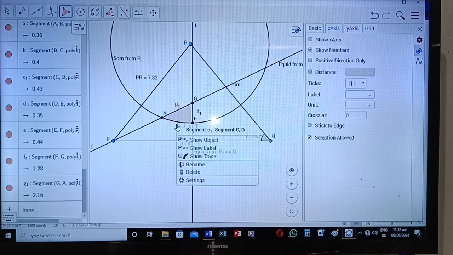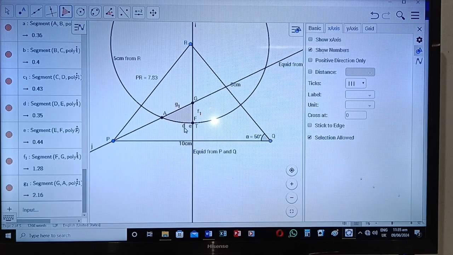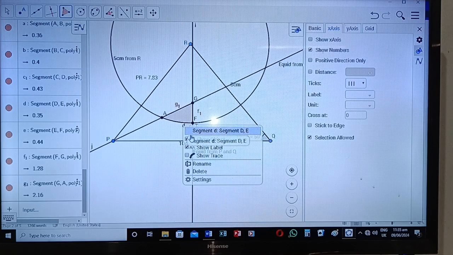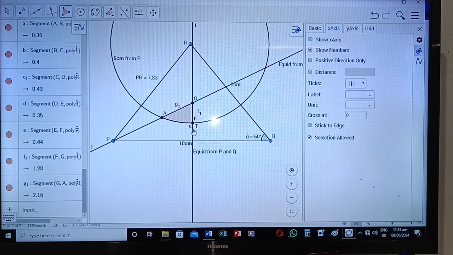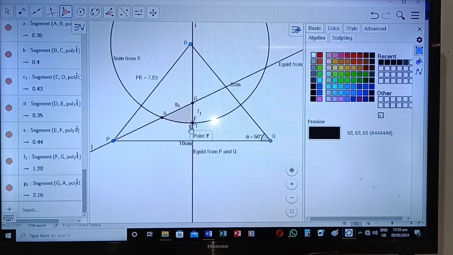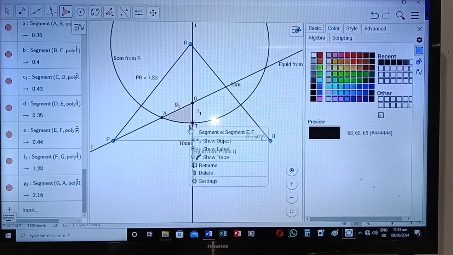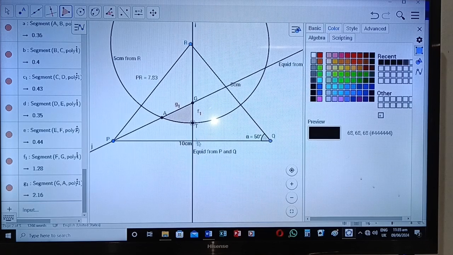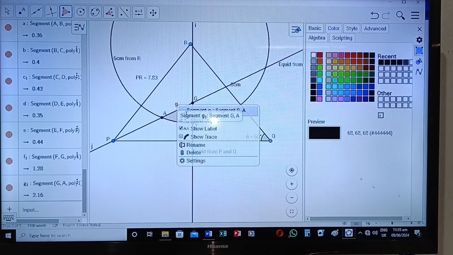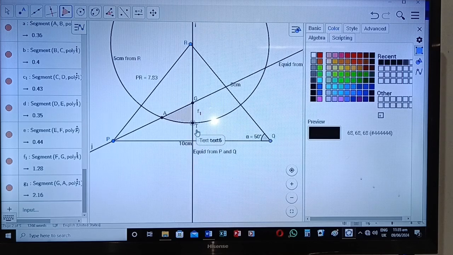When we say show label, we would have removed the actual name of the point, and when we say show object, we would have removed the point itself. Okay, so basically this is the region that we wanted.